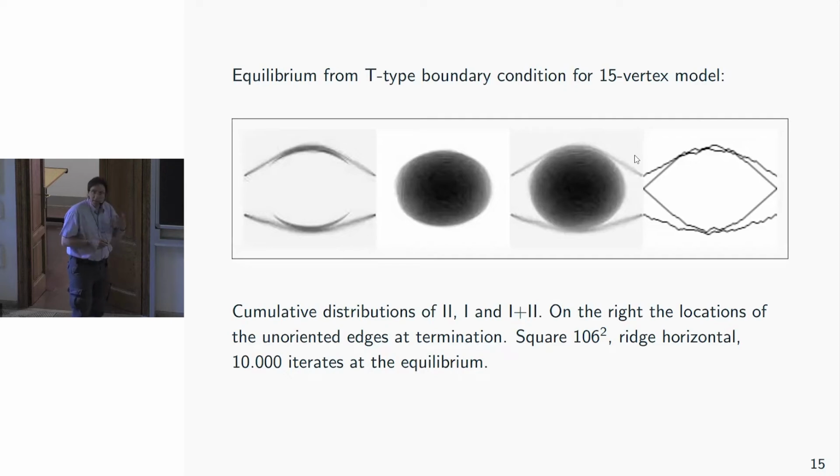And then you start running it, and eventually you will get to equilibrium. And for this action 2, it looks like this. And for action 1, it looks like this. And these together, it's this thing.